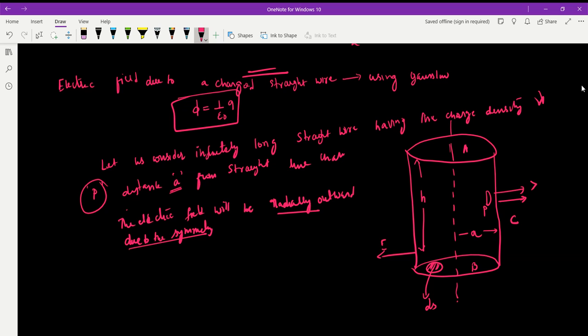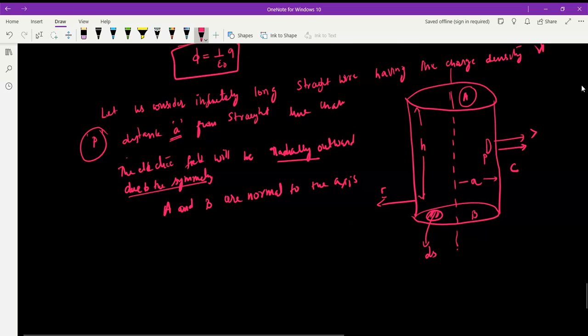Okay, so now let me name these A, B, C. A and B are normal to the axis, and C represents the curved Gaussian surface.